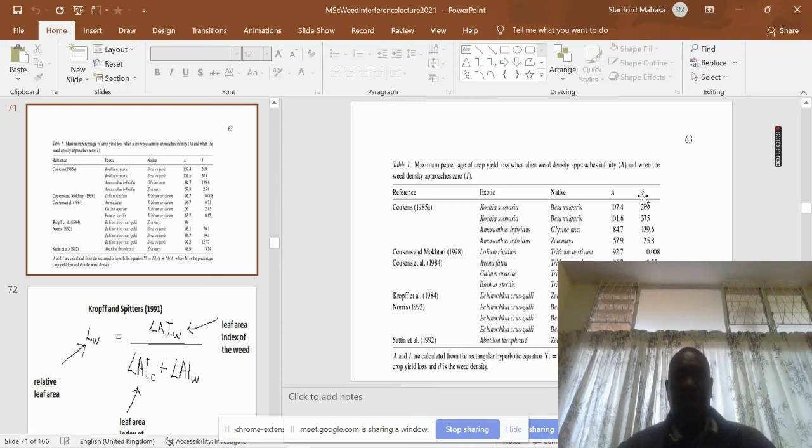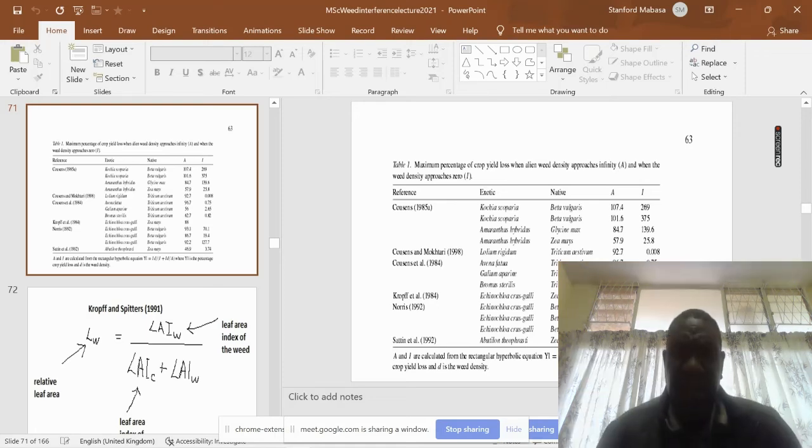Probably to make it easy, we may just focus on A and see which weeds are very competitive. Those weeds with low percentages are less competitive. Those with the high A values are the most competitive weeds. And of course, depending on the crops. So in some countries, they've got data for various weeds. They know how they compete in various crops.